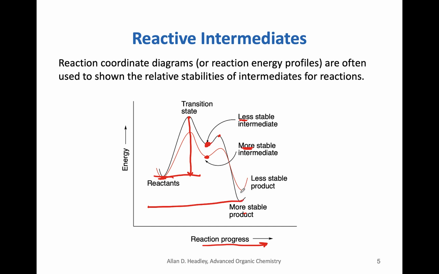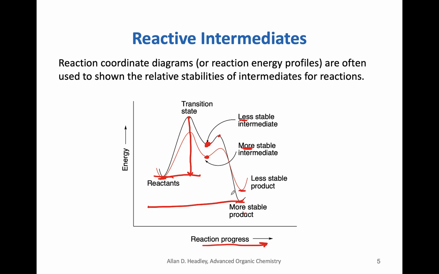I just want to point out here that we have two products that are formed. One is less stable and the other one is more stable. These are called the thermodynamic products, but we'll get more into that later on.